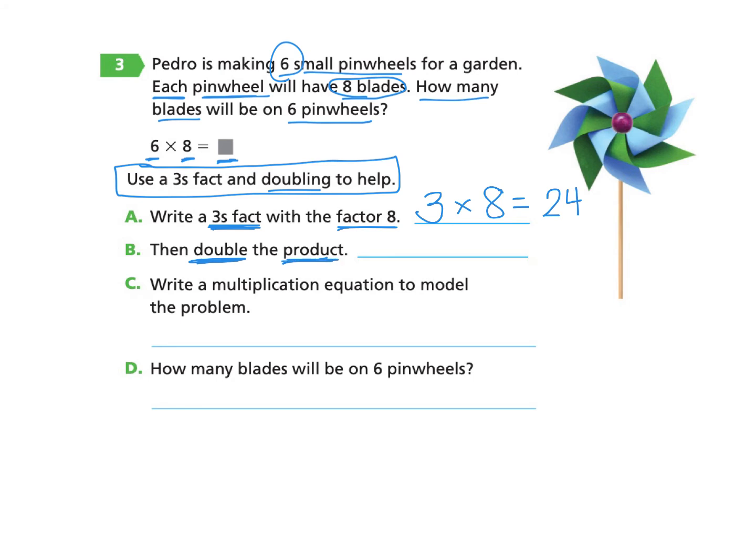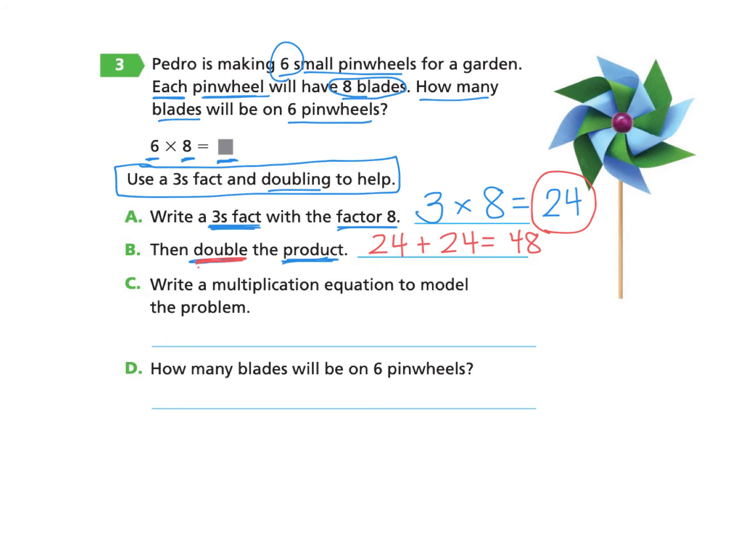And where's the product located? That's right, it's the end or the total when you make a multiplication equation. So if we're going to double the product, that means we're going to add 24 plus 24. And when we add 24 plus 24, if you want to pause and try that on your own first, we will get the answer of 48.